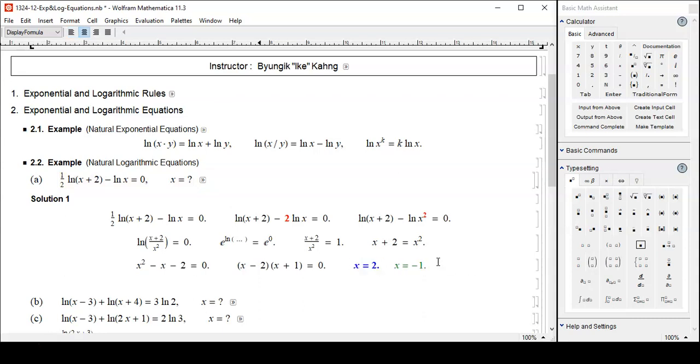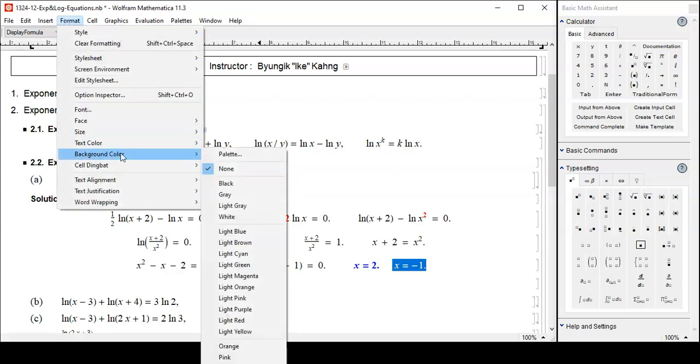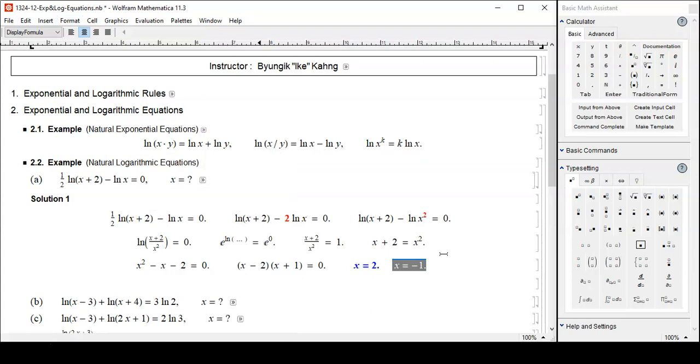If you plug in -1, that certainly doesn't work because log of -1 is undefined. So you don't even have to do any kind of computation. As a matter of fact, you're not going to do this kind of computation and check. We're going to check only they make sense. This one doesn't make sense. X equal to -1 does not make sense. So that one fails.